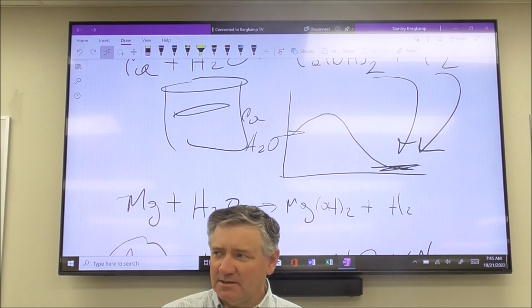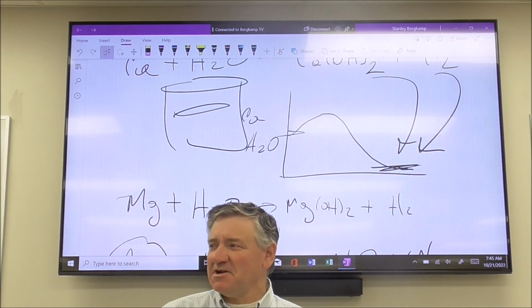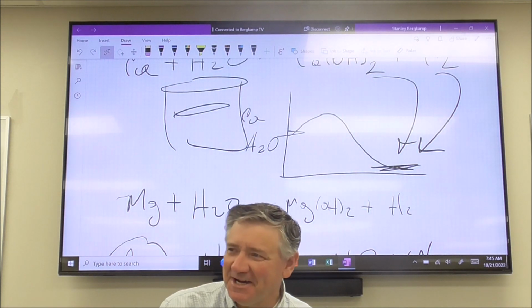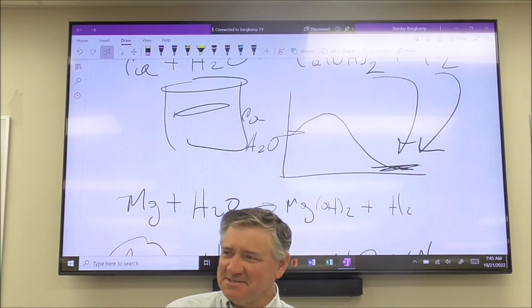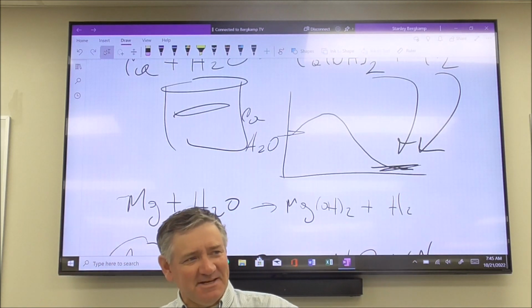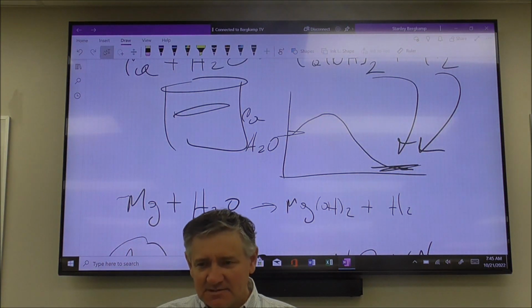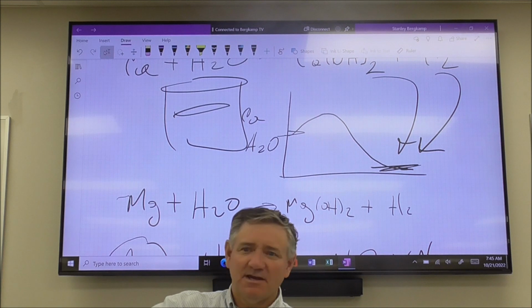Which one are you going to pick? Aluminum. Why? Because if we put water in calcium cans, that's not really cool, because as soon as the calcium hits the water, the can disappears. You get a lot of heat and bad things can happen. So this is why aluminum is used in cans.